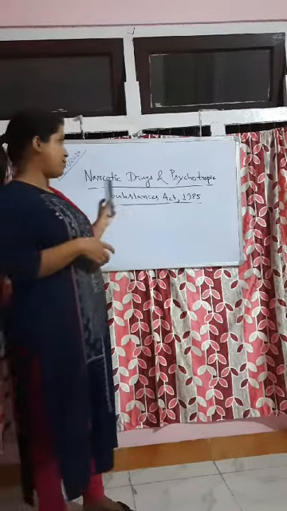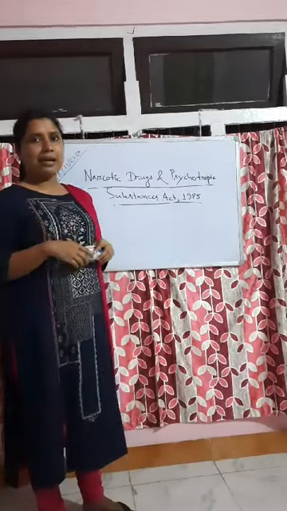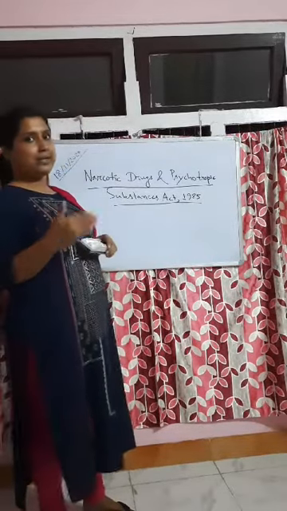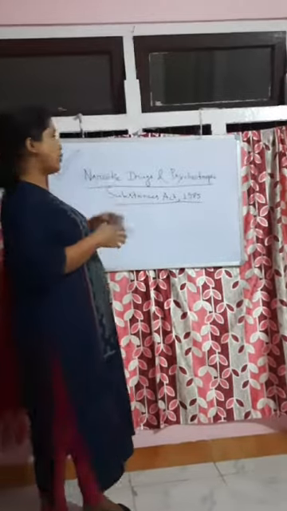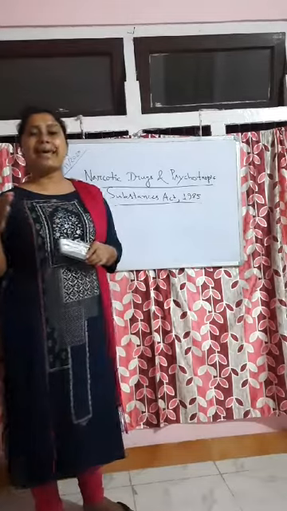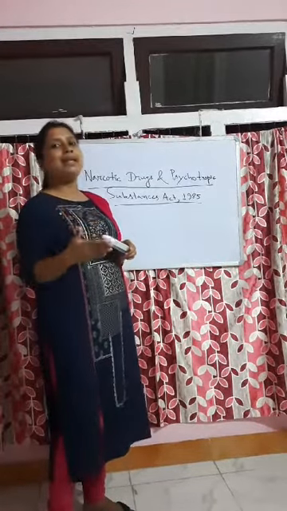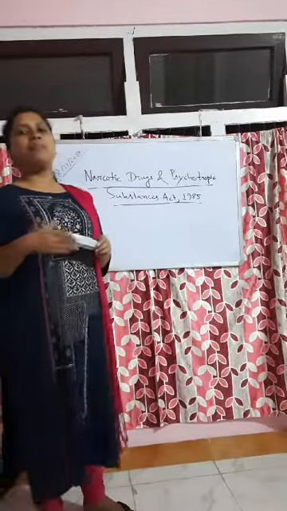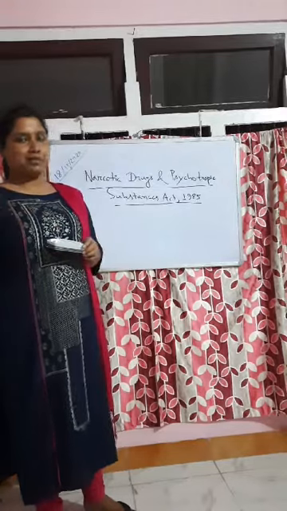But analgesic drugs are of different types: one kind is narcotic, another is non-narcotic. Here we are discussing the narcotic drugs. Narcotic drugs are one kind of analgesics which are mainly obtained from opium or opium-like substances.